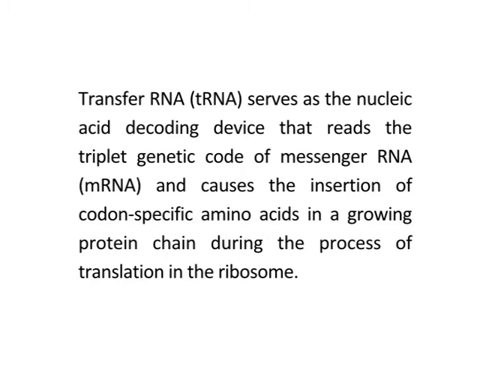Transfer RNA serves as the nucleic acid decoding device that reads the triplet genetic code of messenger RNA and causes the insertion of codon-specific amino acids in a growing protein chain during the process of translation in the ribosome. A particular triplet codon in an mRNA is read by a tRNA through its anticodon loop, which includes a triplet of anticodon residues that base pairs with the codon.